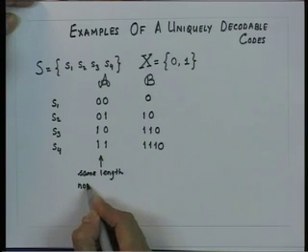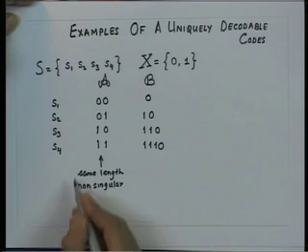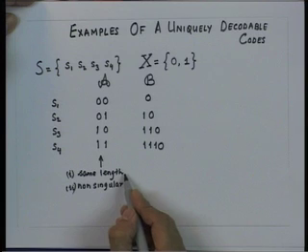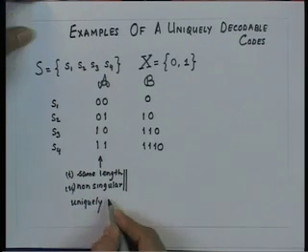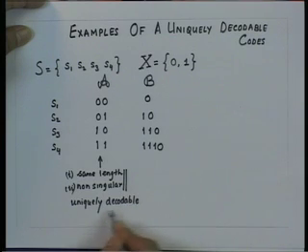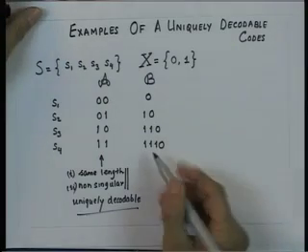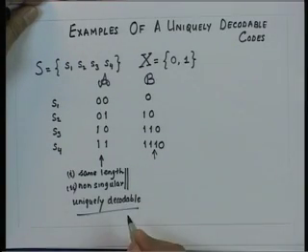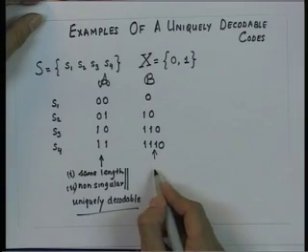If these two properties are satisfied, then it is sufficient to ensure that the code is uniquely decodable. Let us consider code B. If we consider code B, again it is non-singular.